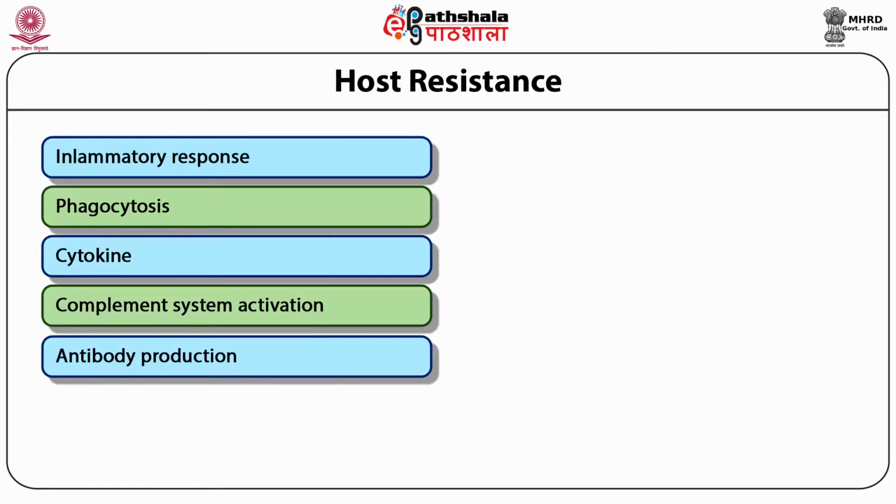All these factors determine what will be the outcome of host pathogen interaction, and whether the host is able to prevent the pathogen from entering the body, or whether the pathogen is able to win over the host and cause disease in the host.